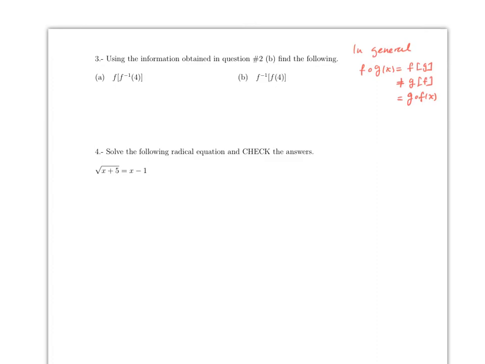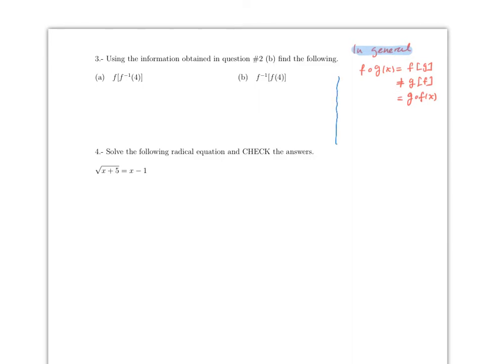So in general, this is not true. And by that I mean if you switch the order of the functions in a composition, they're not going to be the same.